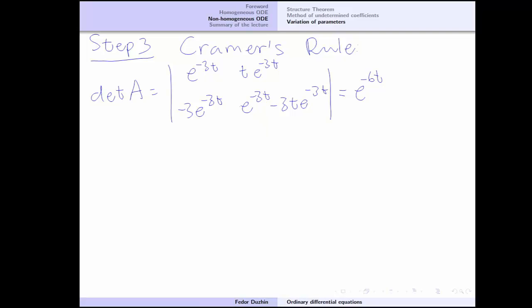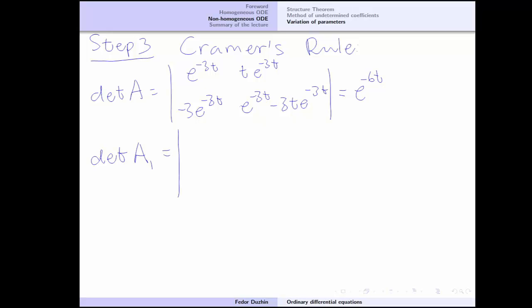Okay. Then in order to apply Cramer's rule, we need to compute determinants of 2 more matrices. A1 is the matrix where we take the matrix of coefficients and we replace the first column with the free terms, so with the right hand side of the system of linear equations, right?